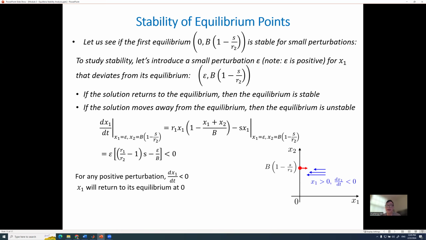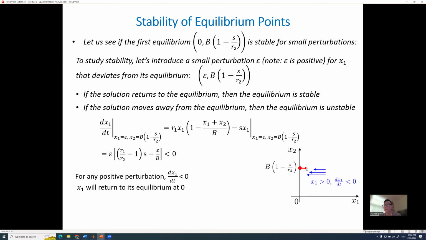This means that no matter how small or large we choose the perturbation, the process will eventually get back to the equilibrium point. When the equilibrium is stable regardless of how big the perturbation is, we say that this equilibrium is globally stable. We can also look at this graph here, where we plot x1 against x2. The equilibrium point is represented by this red dot.